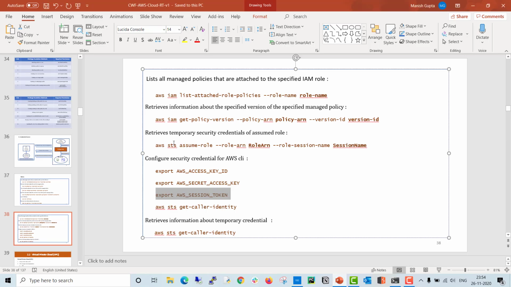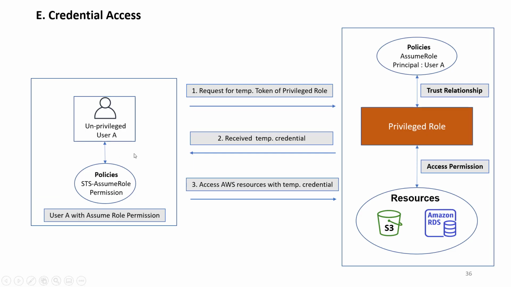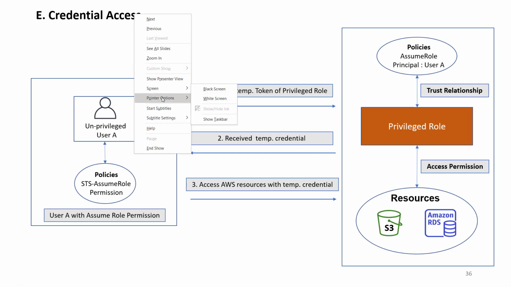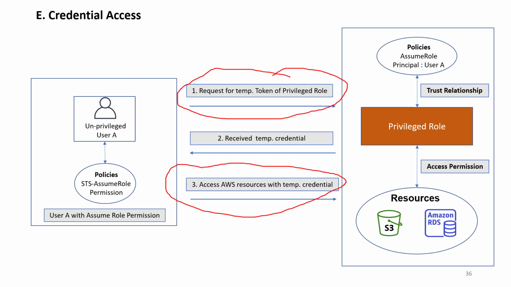So this is how, as you can see here, initially this user doesn't have any permissions, but after that he got a temporary token using the credential access of this user, and he can perform all the actions which belong to this role.